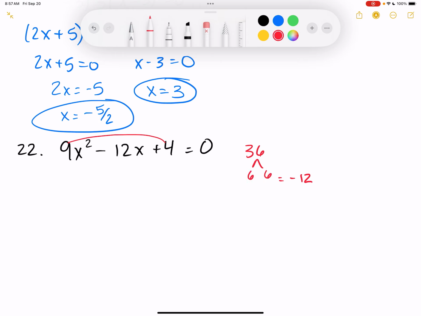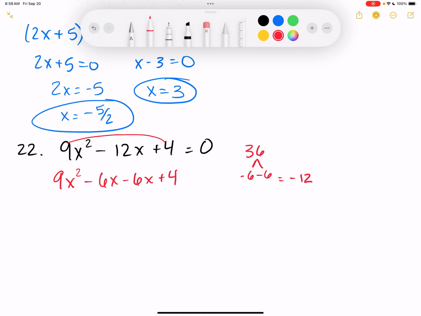Both negative, because this is positive and I need this to be negative, so when I add them together I need that. So I've got 9x squared minus 6x minus 6x plus 4.